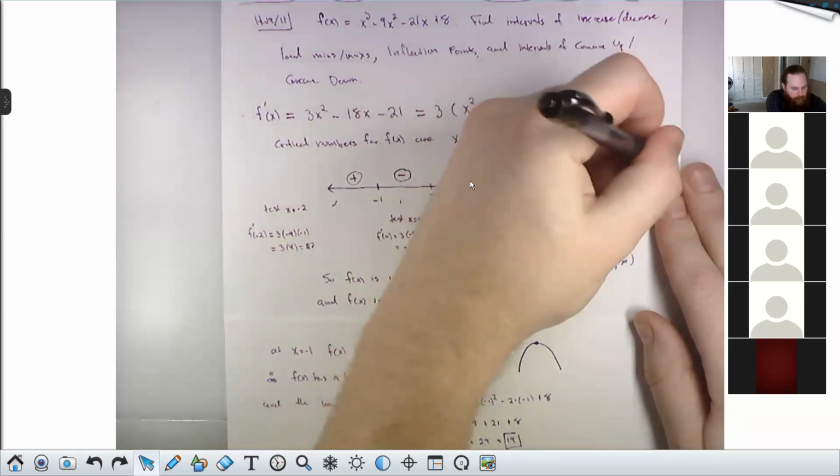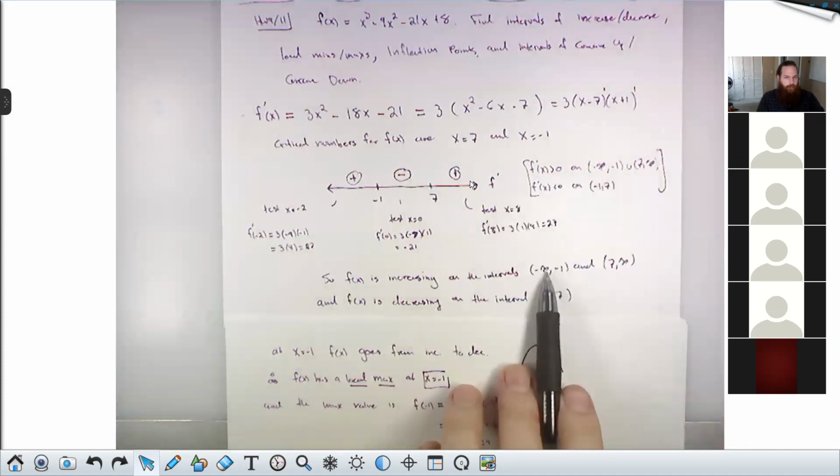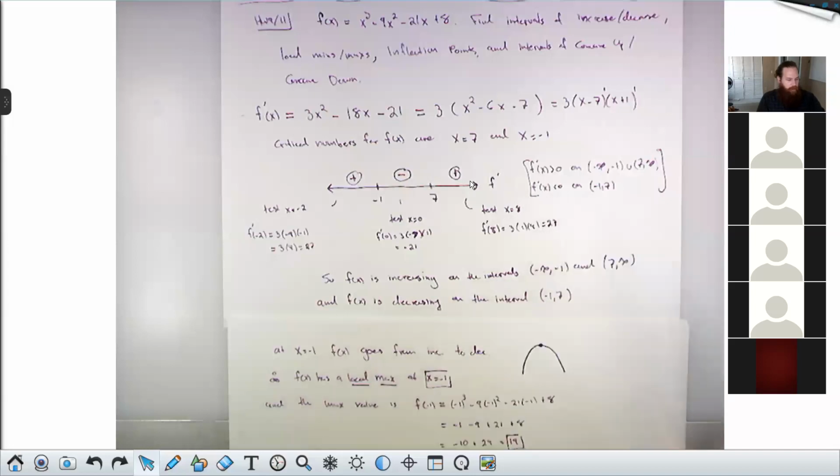That's really what we're doing with that number line. And then we concluded that because f prime is positive here, f is increasing there, and because f prime is negative there, f is decreasing there.